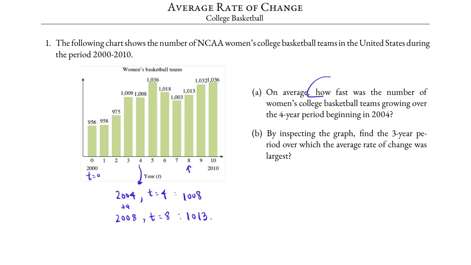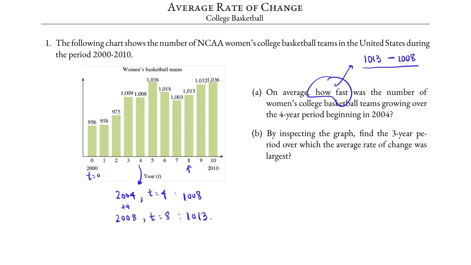The question asks for how fast, which is the rate of change. In this case, the rate of change is the difference in the number of basketball teams, the second value minus the first value, or the ending amount 1013 minus the beginning amount, which is 1008.